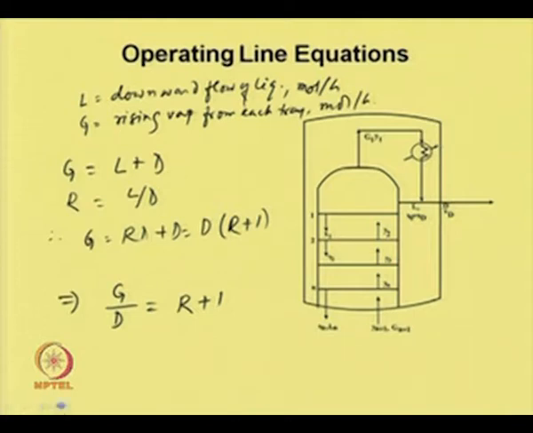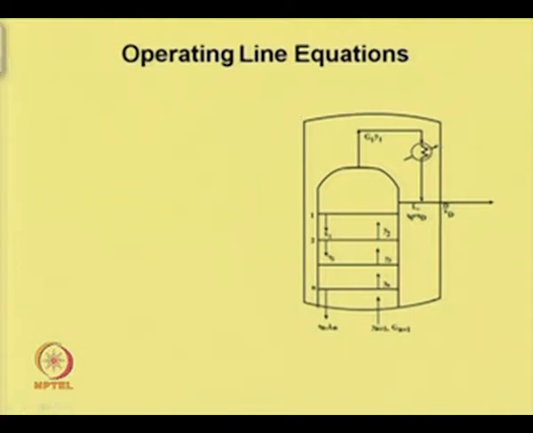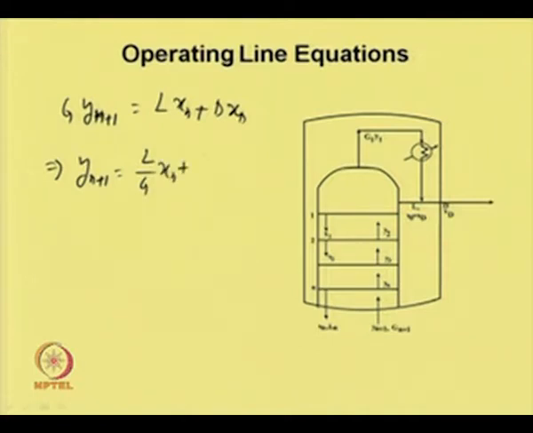So, if we do the material balance, the material balance equation is G y n plus 1 is equal to L x n plus D x d. So, from this we can write y n plus 1 is equal to L by G x n plus D by G x d.